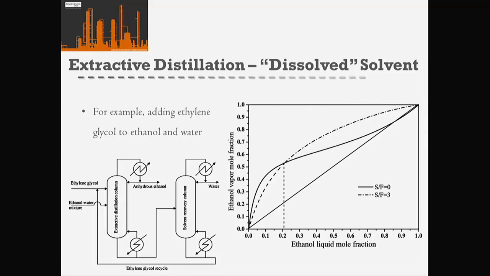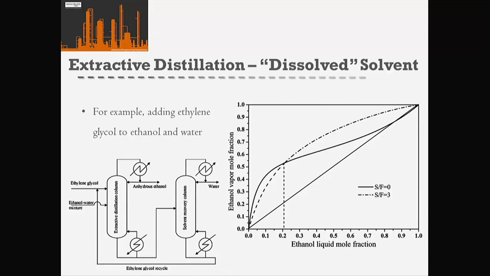So essentially it just flows as a liquid down our first column. But what it does is if we have no ethylene glycol, we get our vapor-liquid equilibria for our water and ethanol as the non-dashed line, and we have our azeotrope.